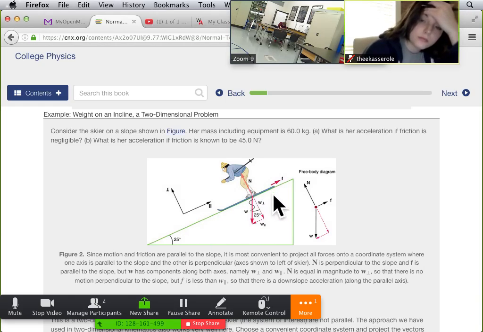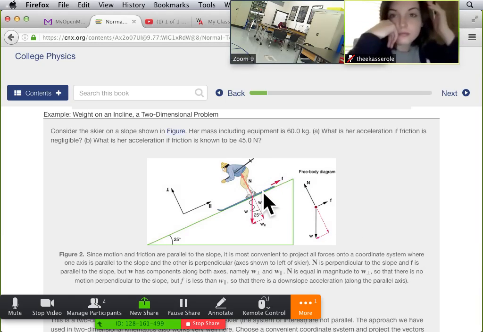It's not 90 degrees to the surface of the earth, which is flat down here somewhere, right? But it is 90 degrees to the slope that they're on. And so now the normal force is actually different than the weight. Here is the normal force going up this way, and there is a part of the weight that is going perpendicular to the surface of the slope of snow. That's this perpendicular component of the weight.